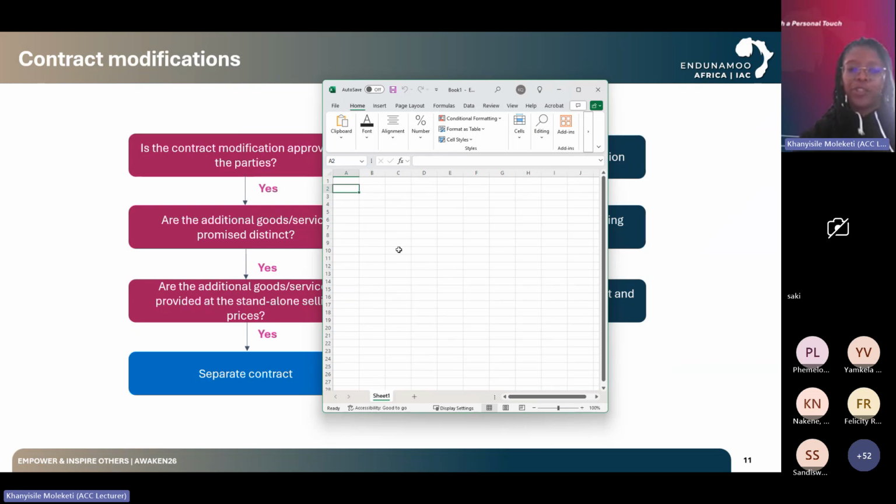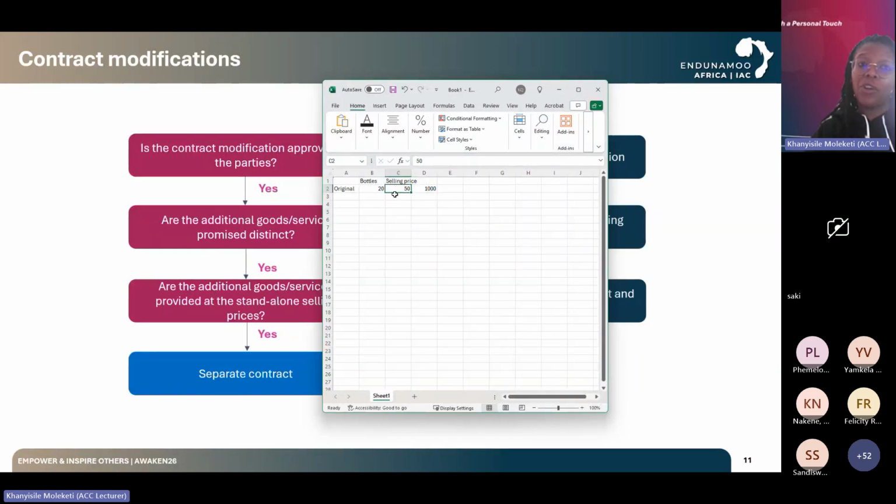Okay. So original contract, we had 20, and the selling price was 50 Rand each. The total transaction price in this contract was 20 times 50, so 1,000 Rand. And then we allocated proportionally, and we get to still 50 Rand per bottle.